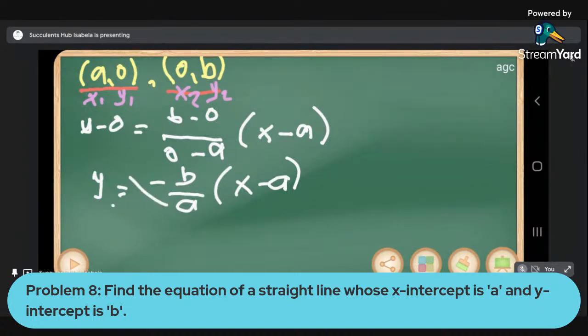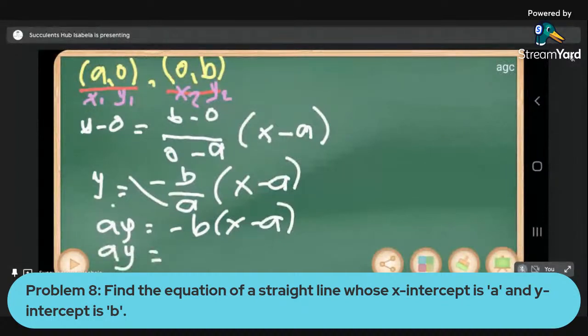So, you will have ay is equal to negative b times x minus a. So, i-distribute natin ngayon yung negative b. So, you will have ay is equal to negative bx plus ab. Tama ba tayo?